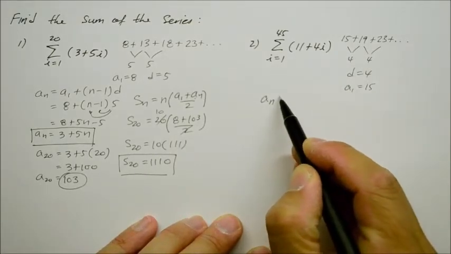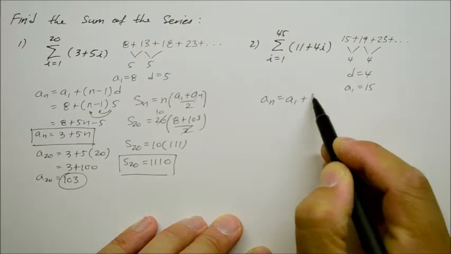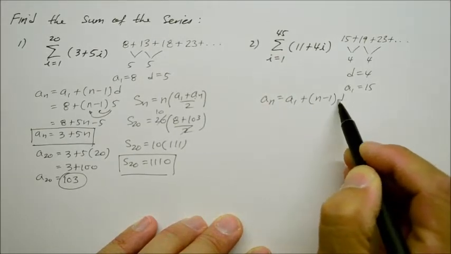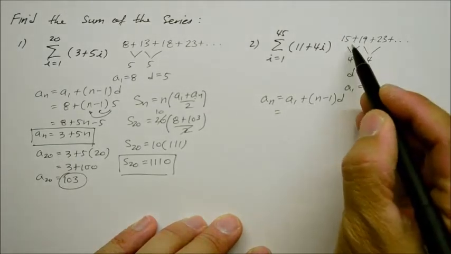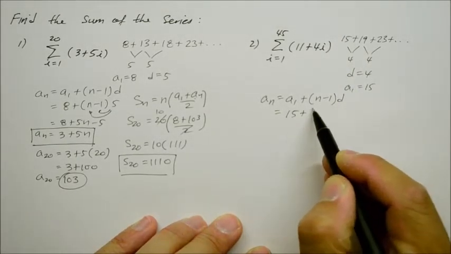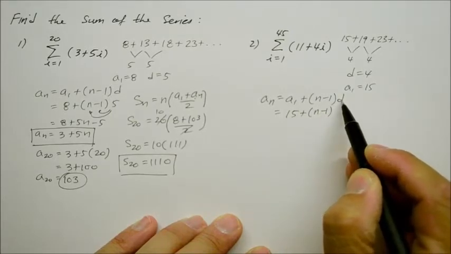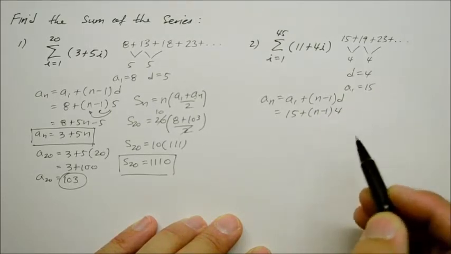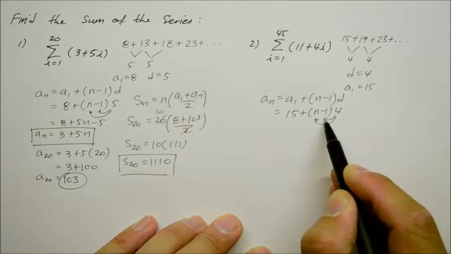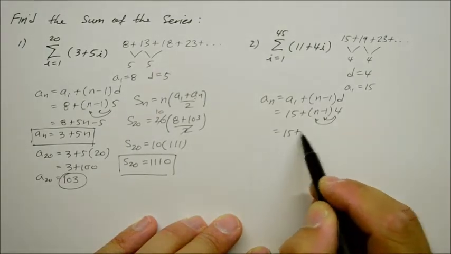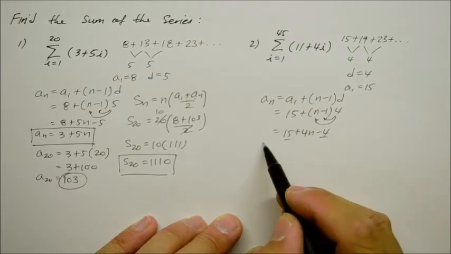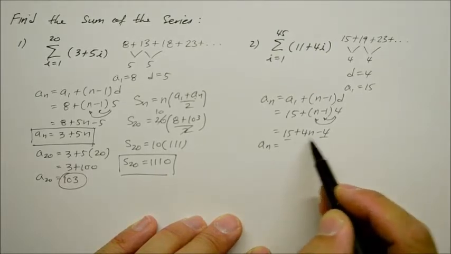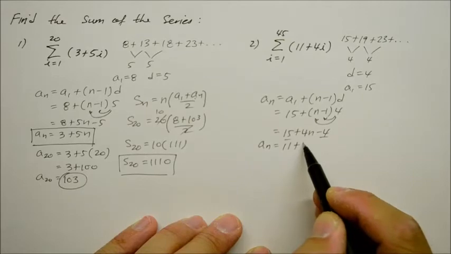So a sub n is equal to a sub 1 plus n minus 1 times the common difference d. The initial number of the series was 15, plus n minus 1, and the common difference we recognize as being 4. Do the distributive property. Then we get 15 plus 4n minus 4. Combine the like terms. The general rule is 15 minus 4 is 11 plus 4n.